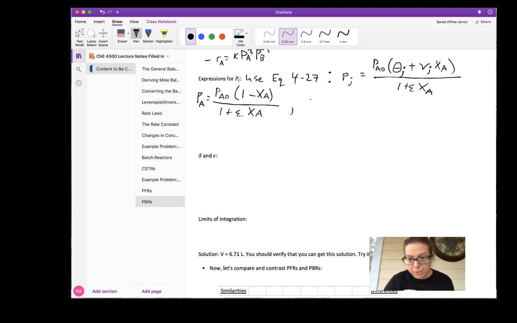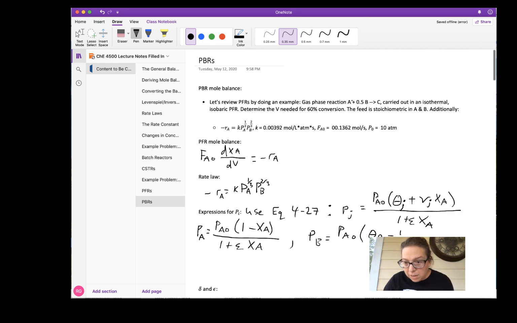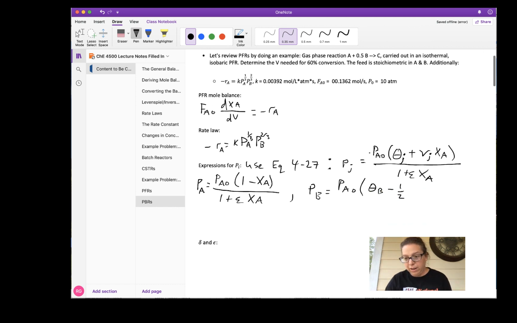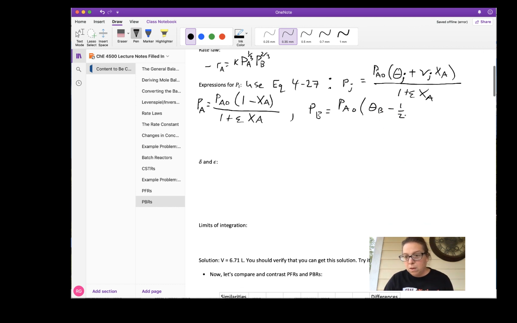And for the partial pressure of B, we're going to do something similar. PB is equal to PA naught times theta B minus 1/2. So the stoichiometric coefficient on B is 1/2, and since it's a reactant, we're going to convert it to a negative 1/2 for this equation, times XA, divided by 1 plus epsilon XA.